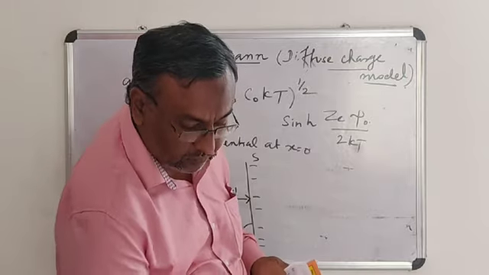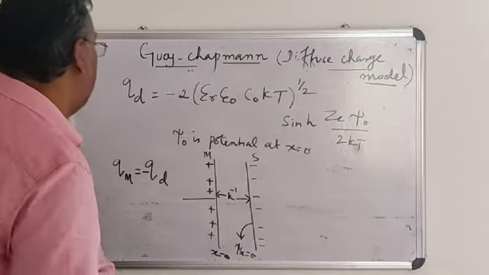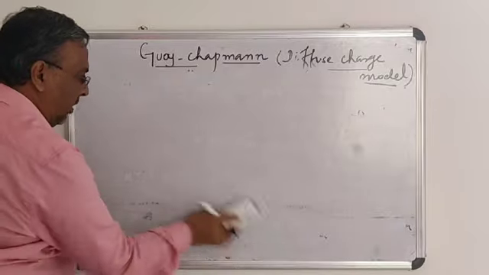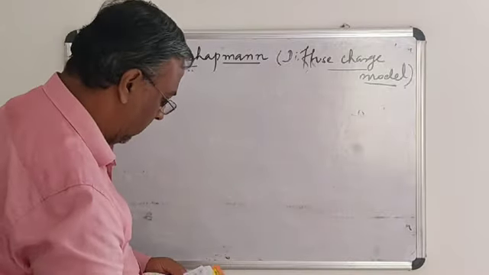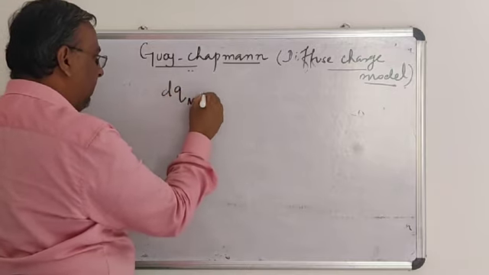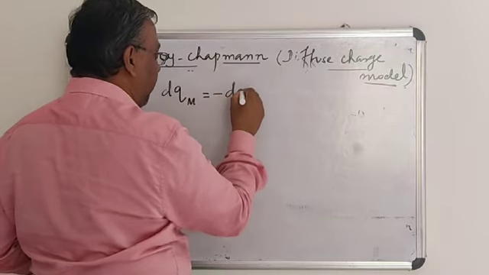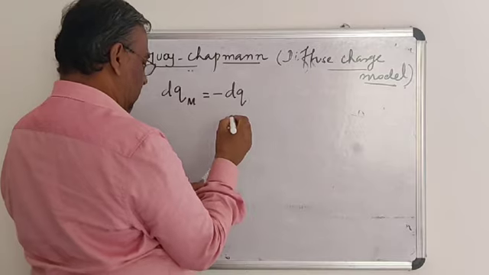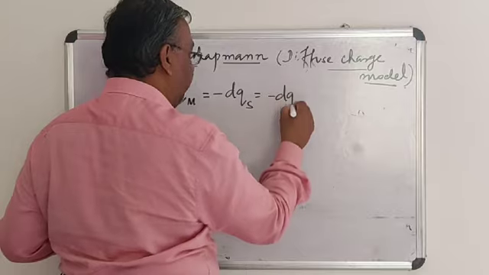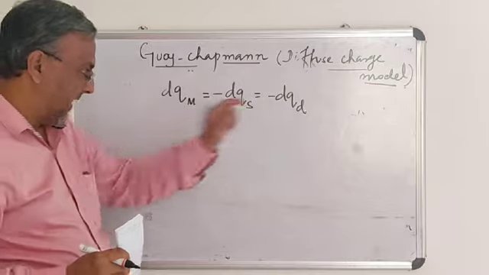Next we have, since the charge density over the metal will be equal to the negative of the charge density over the solution, that is the diffused state, where small d refers to the diffused layer.